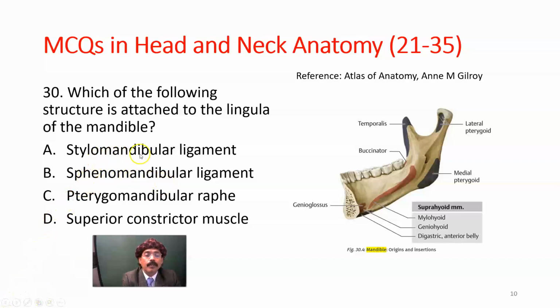And the stylomandibular ligament attaches along the posterior border. Okay, so we got that. And we have the third molar area. We'll get the superior constrictor muscle and the pterygomandibular raphe. Okay, we'll get the mylohyoid line above the pterygomandibular raphe and the superior constrictor muscle around this part.